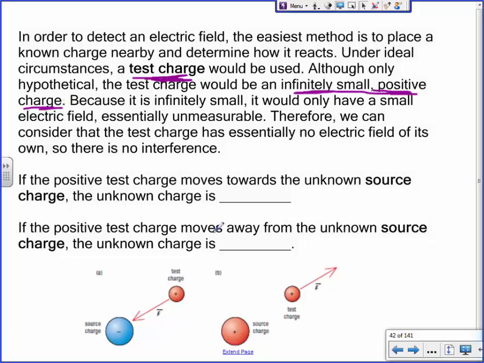So let's fill in these blanks here. If a positive test charge moved towards an unknown source, what would the unknown source charge be? Good. Which means if the positive moved away from, then the unknown one would be positive. Sure, positive.